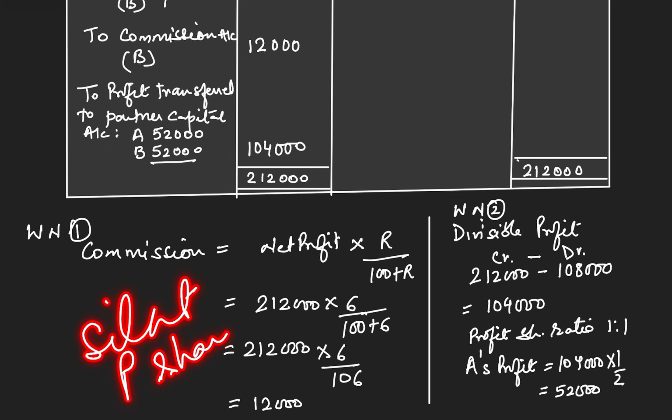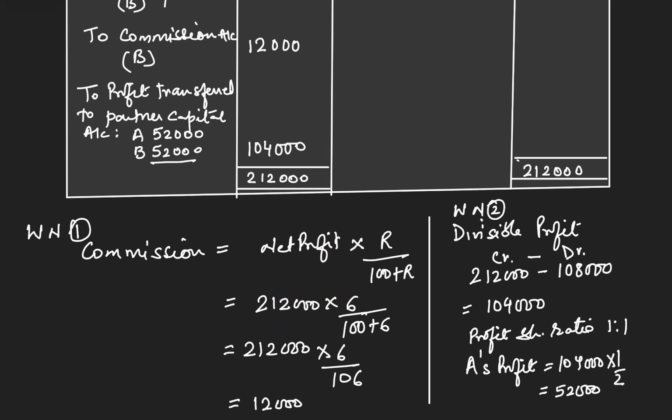The question is silent about the profit sharing ratio. Thus, as per the Partnership Act 1932, equal profits are to be divided between the partners. So A's profit comes out to be 1,04,000 multiplied by 1 by 2, that is 52,000.